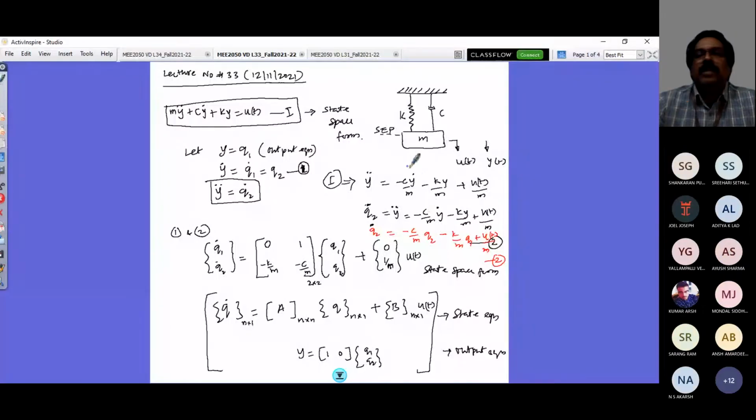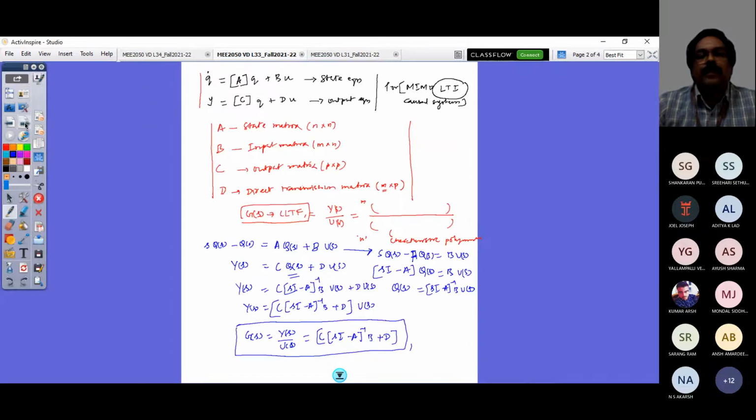So if you look, this is essentially what we did in the last class, right? This second order ordinary differential equation, we were able to represent as a state equation and the corresponding output equation.